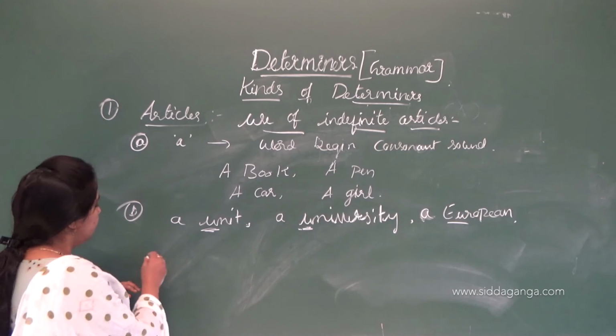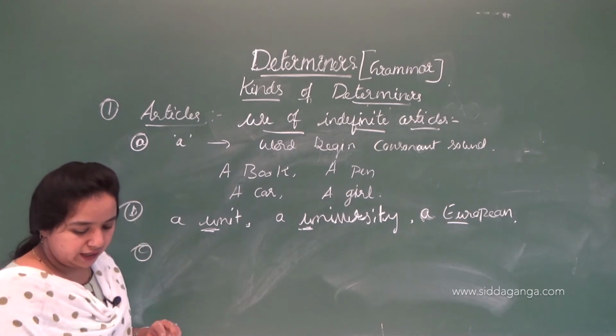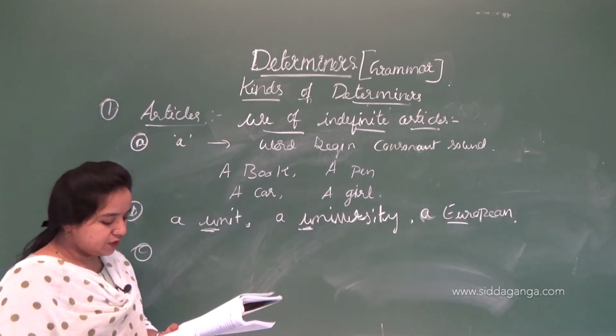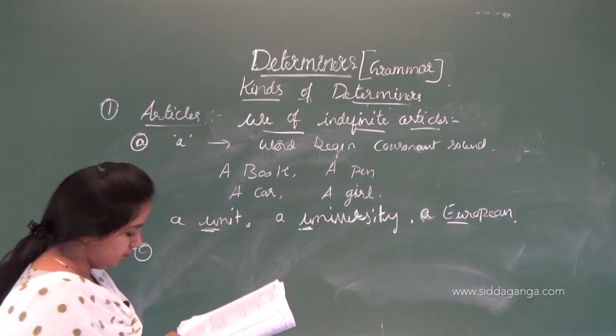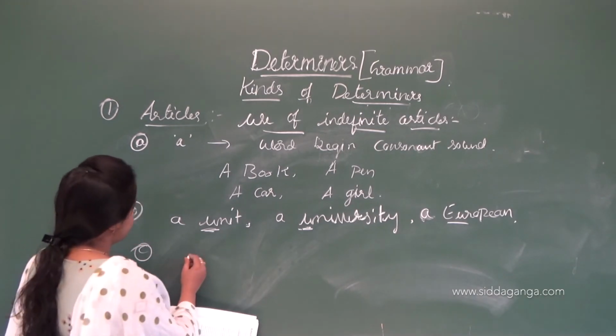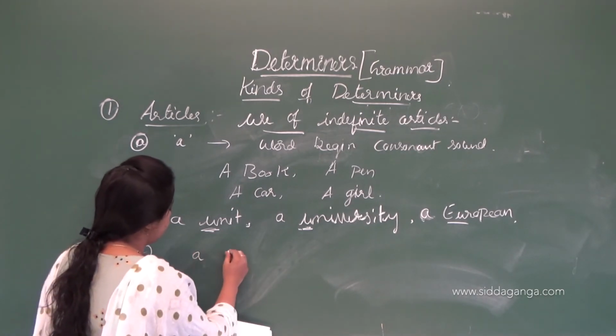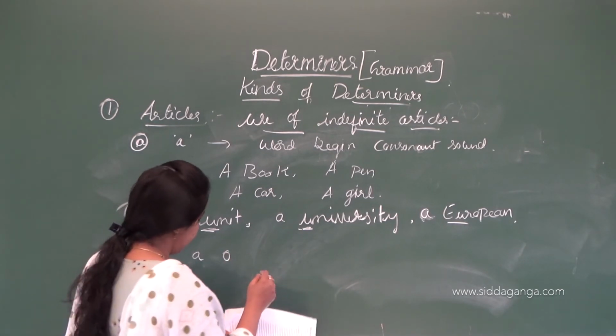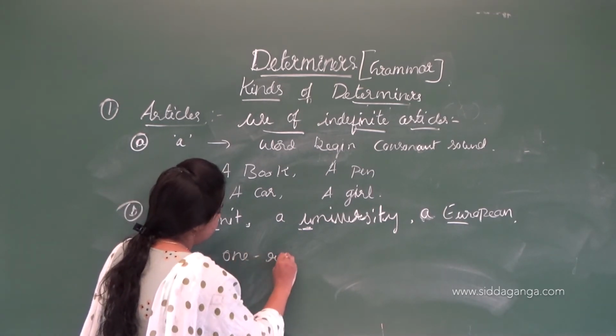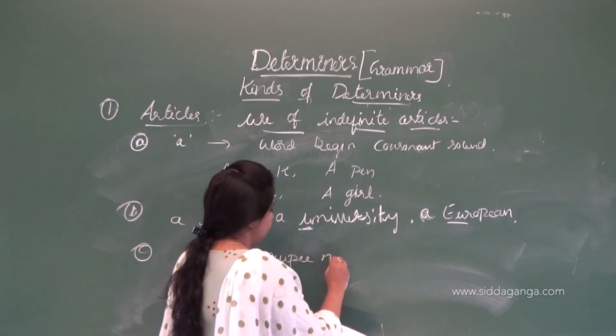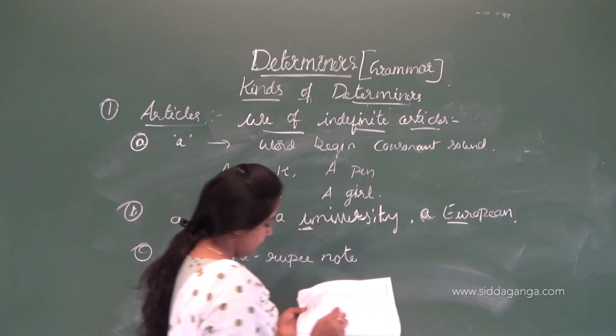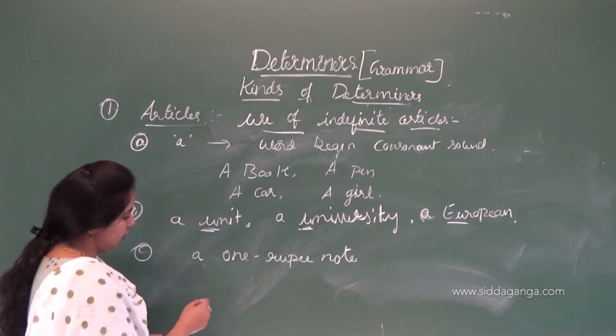Then let's move on to the second one: before a word which begins with a consonant sound, like a one rupee note, a one-eyed man.